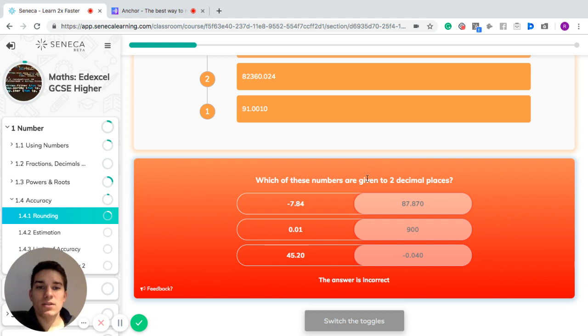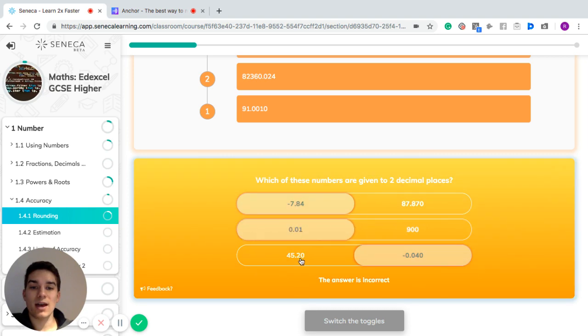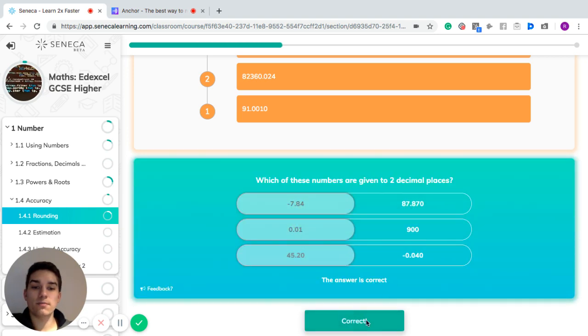Now, which of these numbers is given to two decimal places? We're looking for numbers that have two digits after the decimal point. So negative 7.84 only has two numbers after the decimal point, as does 0.01, as does 45.2.